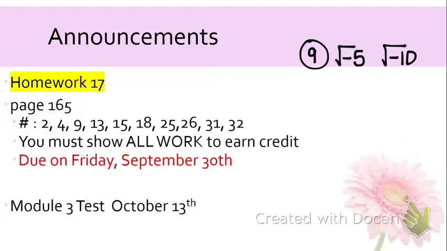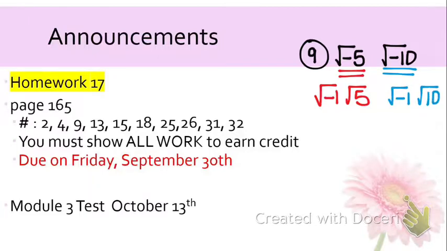Yes, the answers to all of the odds are in the back of the book. But what do you have to do? You have to show your work. So your first step is going to be to break apart the negative 5 into negative 1 times 5. And then break apart the negative 10 into negative 1 times 10. That's your first step for question 9.